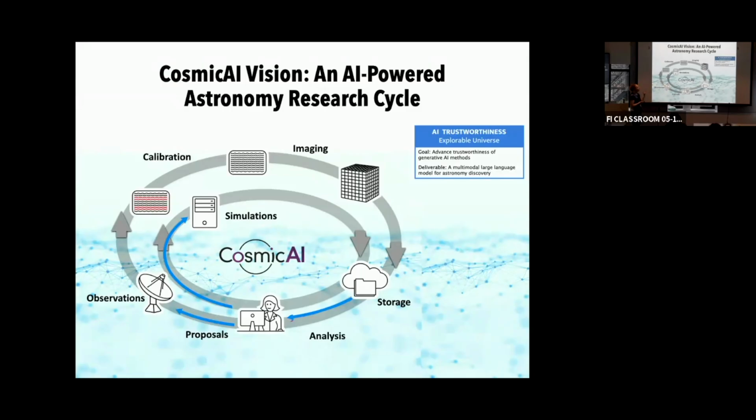Okay. So in our 4 themes, we have AI trustworthiness, right? The goal is focused on the trustworthiness of generative AI models, including multimodal language models, a very popular topic right now. And we want to answer the question, how can we use these models to do scientific research? So this is something that industry maybe thinks a bit less about. They care about profit. We care about information.